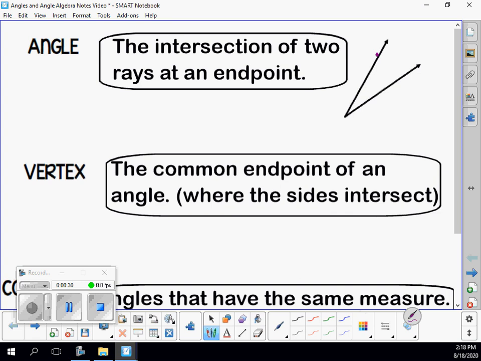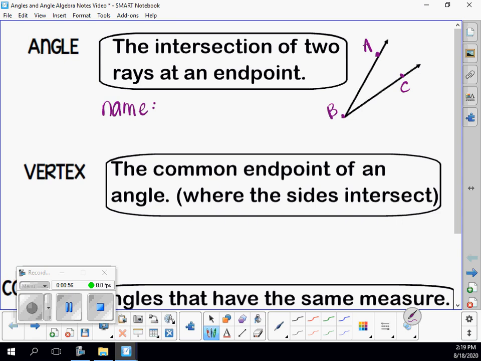So I could have A, B, C. So notice my two rays, BA and BC, put together. They form an angle that way. Now to name an angle, there's multiple different ways to do this. The first way is to start at one of the two arrows and then trace it.